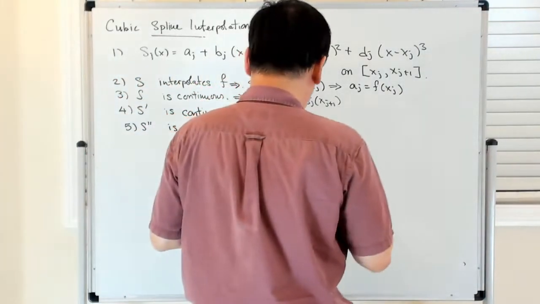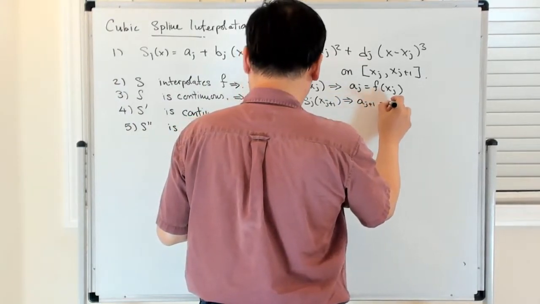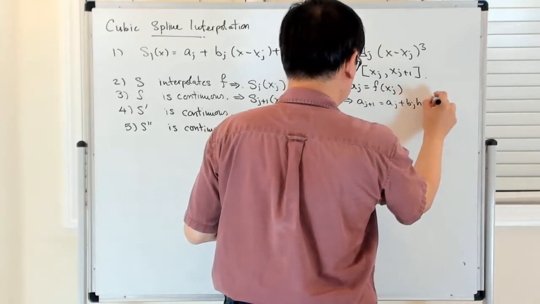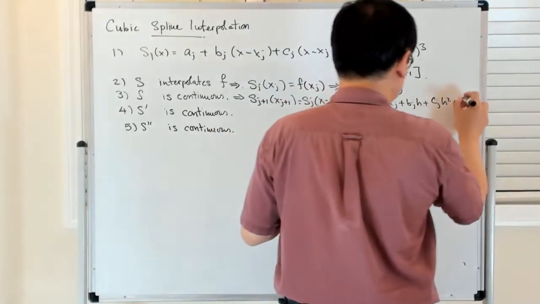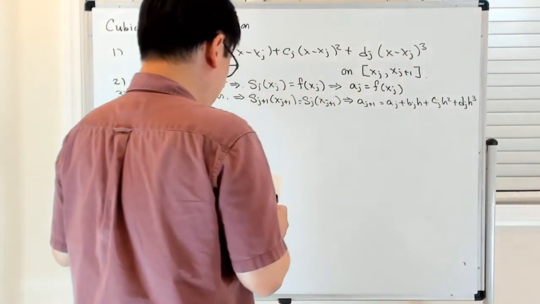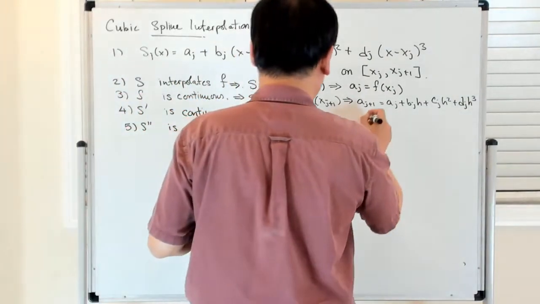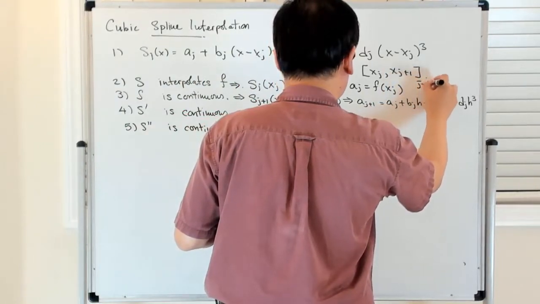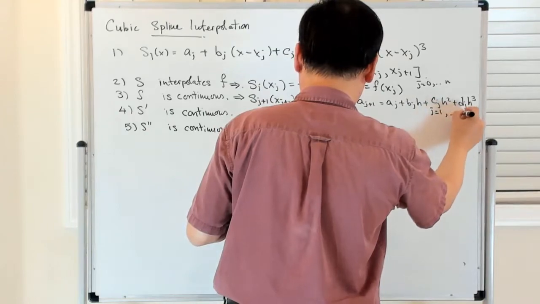So this implies that a_{j+1} is equal to a_j plus b_j h plus c_j h squared plus d_j h cubed. And this is for j equals 1 to n minus 1.